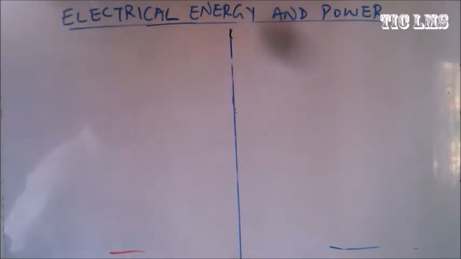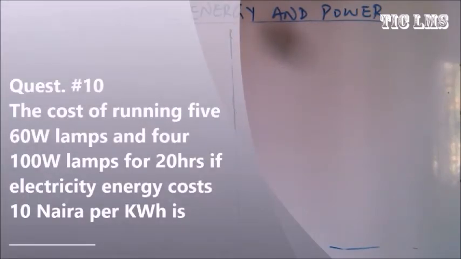This question says the cost of running 5 60-watt lamps and 4 100-watt lamps for 20 hours, if electrical energy costs 10 naira per kilowatt hour, is dash.